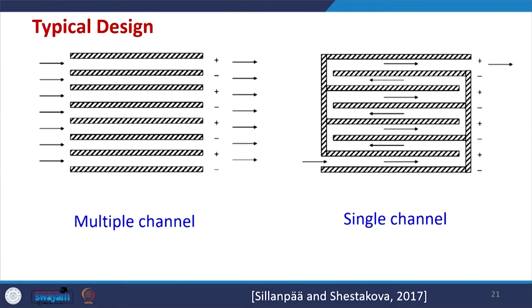In the typical design we can see here, this is positive, this is negative, and the water is flowing like this. Then there is another possibility, a multi-channel design, or a single channel where water goes from here, flows like this, and the treatment happens once it passes through. All these typical design units are not only for electrocoagulation; this is true for electrooxidation as well.